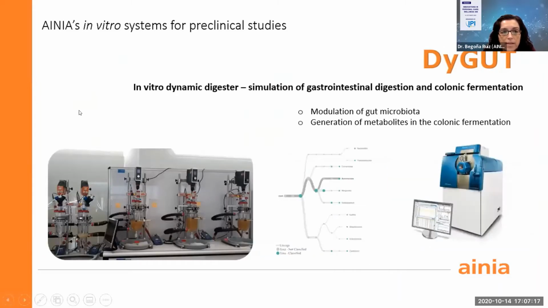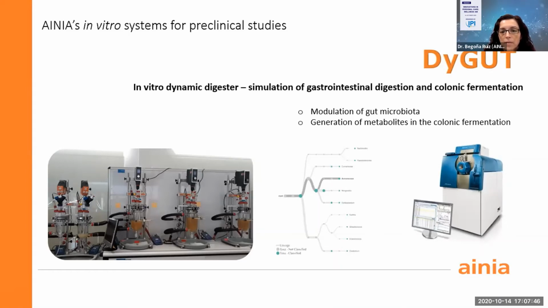A third version of the model is the one that includes the colonic fermentation also. So it has an additional 3 compartments representing the 3 parts of the colon, and we inoculate that with a pool of feces, and we simulate how the microbiome is evolving when adding a supplement or a food or an ingredient to the diet.